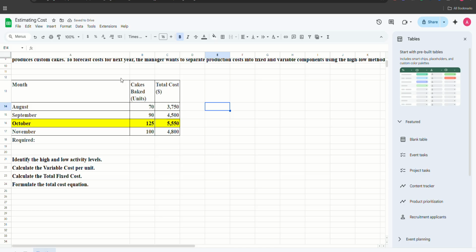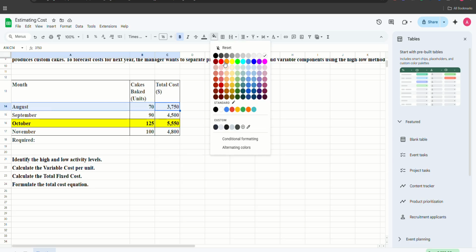And then I'm going to find out the lowest activity level performed during the whole year. So I need to know in which month the lowest activity level was performed. You can see that in August the lowest activity level was performed. So I'm going to highlight it with red.